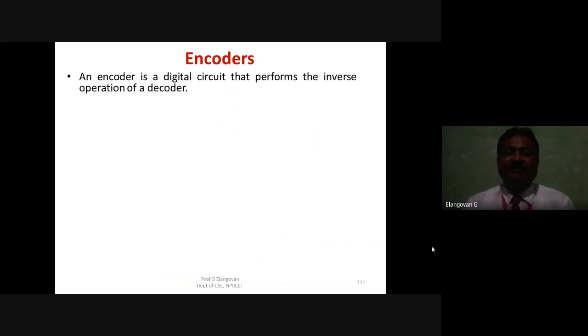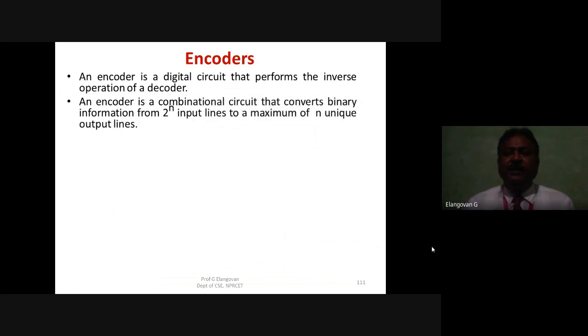Already we have seen decoders in other videos. If you have not seen those, visit those videos to understand the decoding operation. So encoding is just the reverse process. It converts the converted form of code back into the original form of coding.